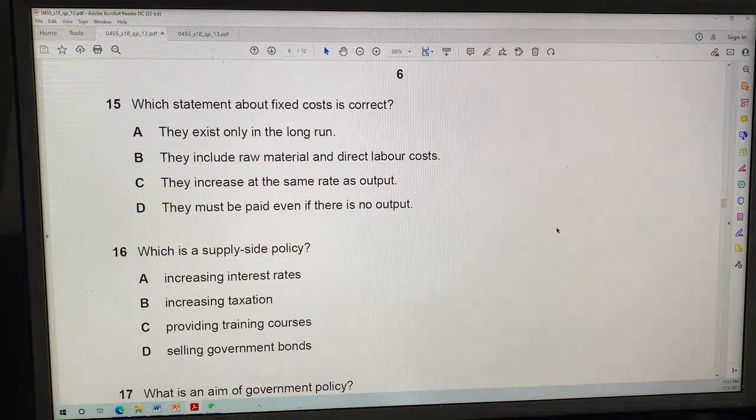Okay. Question 15. Which statement about fixed costs is correct? Let's see. They exist only in the long run. No, in the long run, there are no fixed costs. They include raw material and direct labor costs.